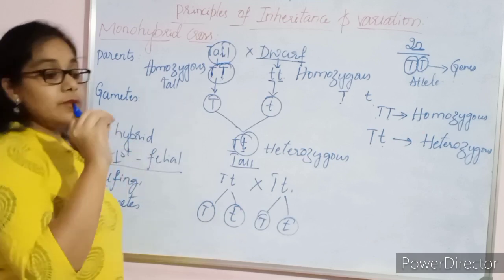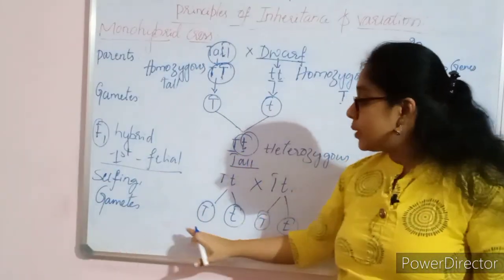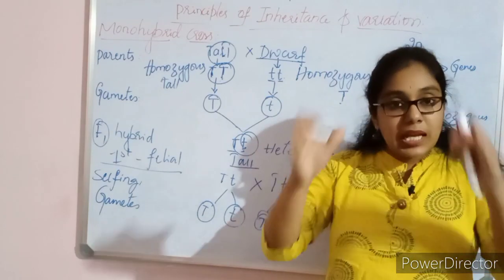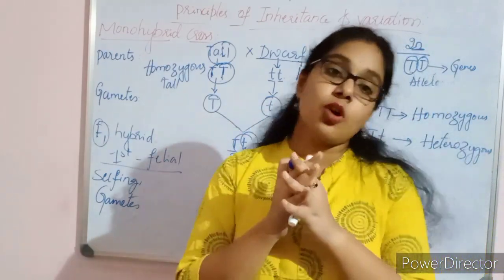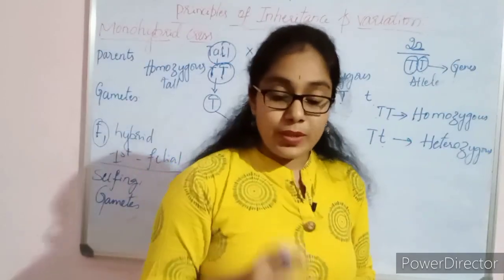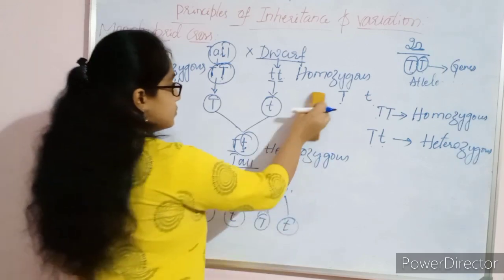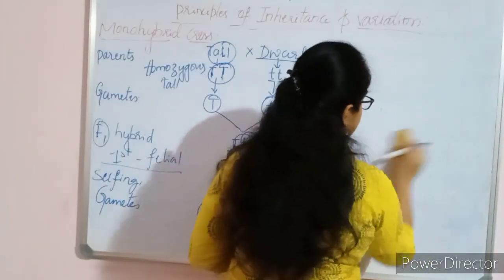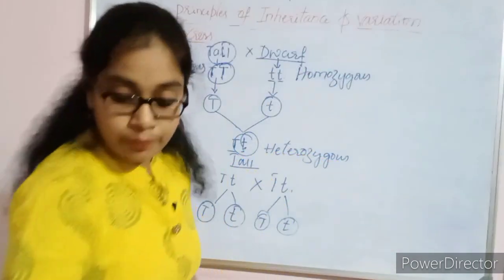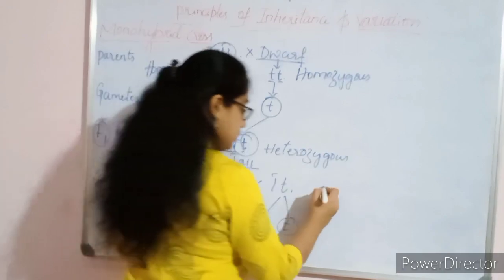See here, when you are writing the F2 hybrids, you have to represent them in a specialized box which is called a Punnett square or a checkerboard. We'll see that. So how to write this checkerboard?